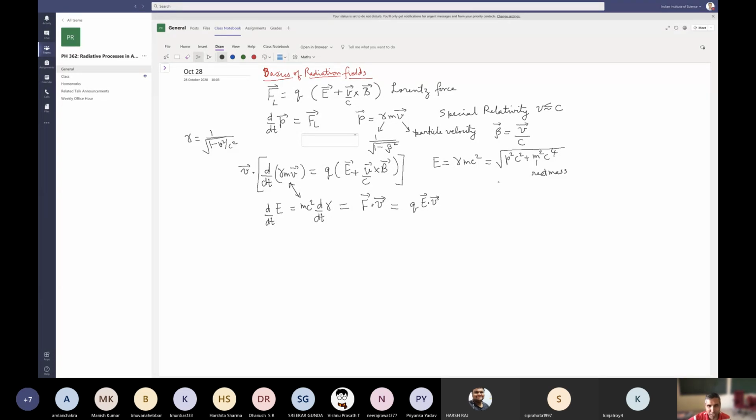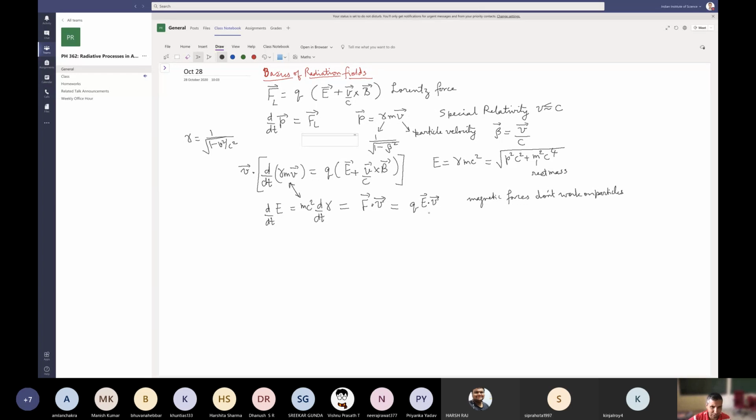In other words, magnetic forces don't work on particles. They don't increase the energy of the particles, because the magnetic force is always perpendicular to the instantaneous velocity of the particle.